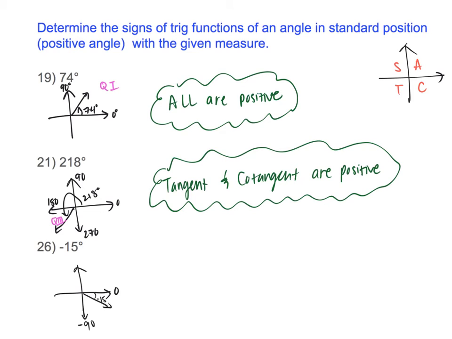It's negative 15, so we're in the fourth quadrant here. And the fourth quadrant says that it's C, which represents cosine. So cosine and secant, because that's the reciprocal, are positive.